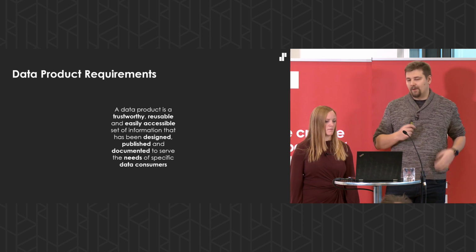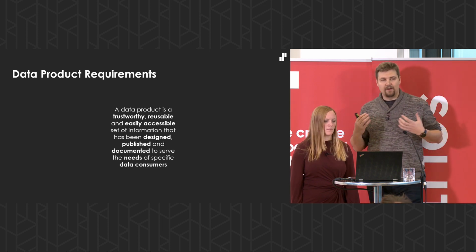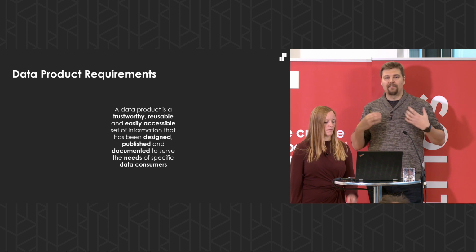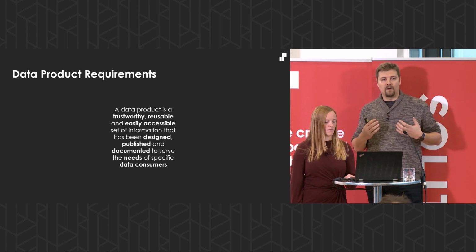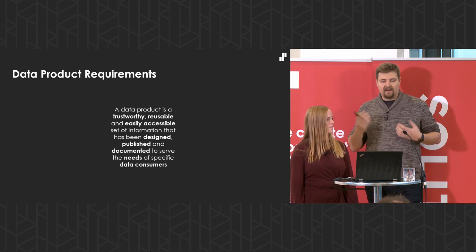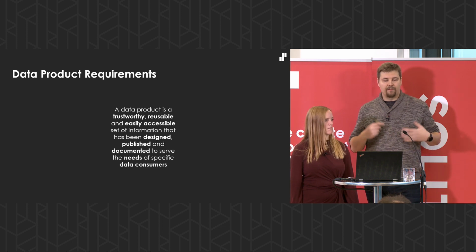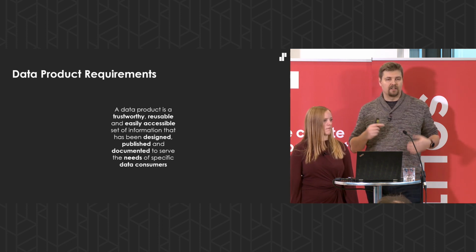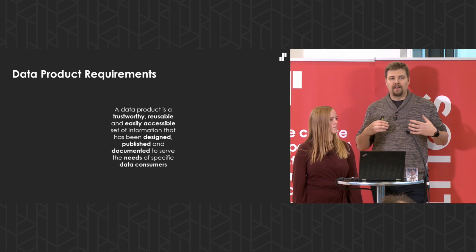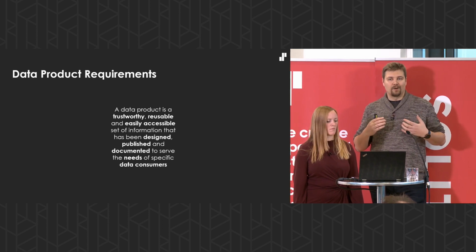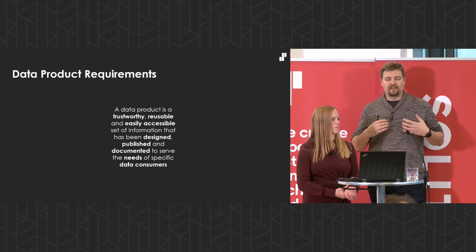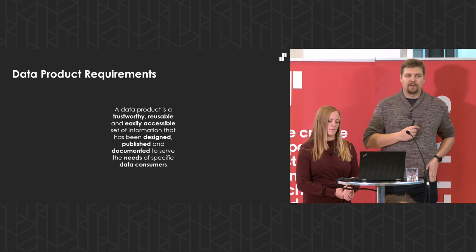And if we continue, it has been designed, published, and documented. So we need some kind of life cycle management on those products as well. And it needs to serve the needs of specific data consumers. So there needs to be some kind of need so that we can create the product to serve some kind of consumption.